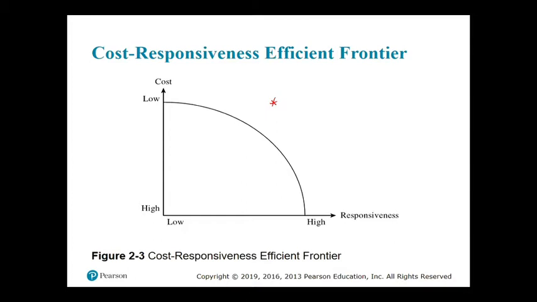Right, so this is for a certain level of responsiveness. This is the lowest cost possible. That point is on the efficient frontier. So this point is impossible. So in reality, you will see companies that are here.